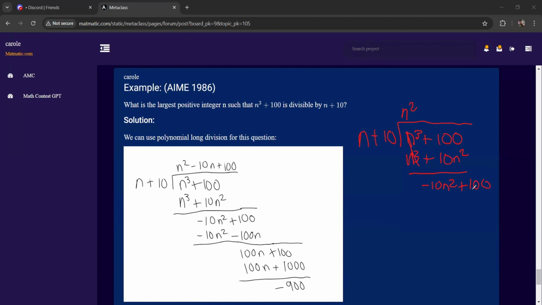So our next goal is to cancel our new leading term, which is -10n squared. So essentially we can do this by multiplying our divisor by -10n, which leaves us with -10n squared minus 100n.